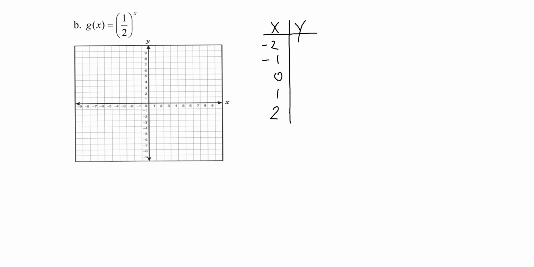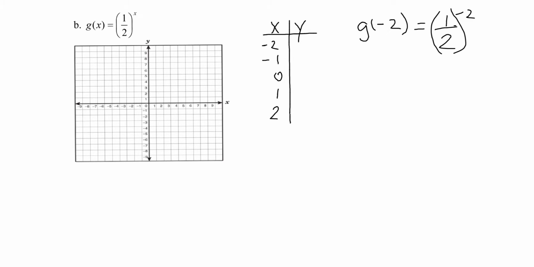So we'll have g of -2 is equal to 1/2 to the -2nd power. And again, to make this into a positive, we're going to flip our fraction there to give it a positive value.